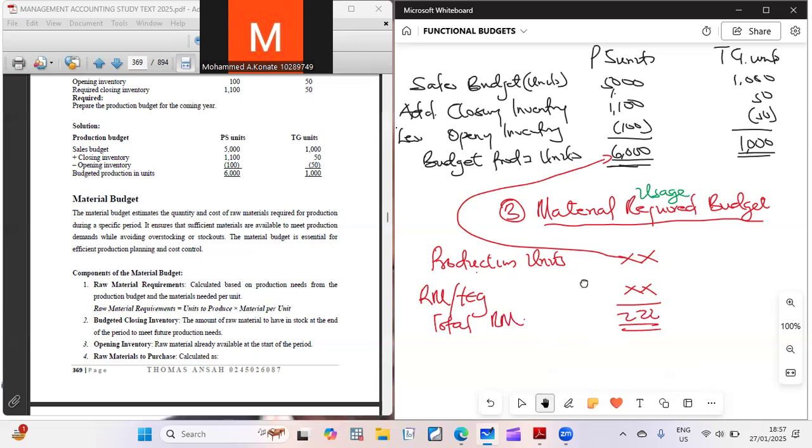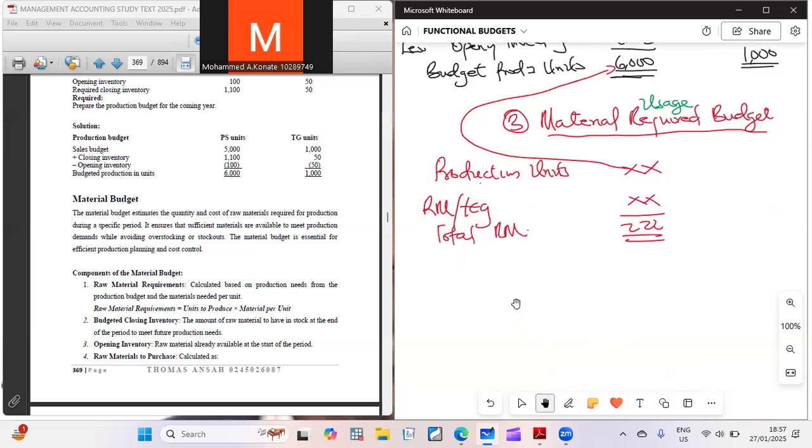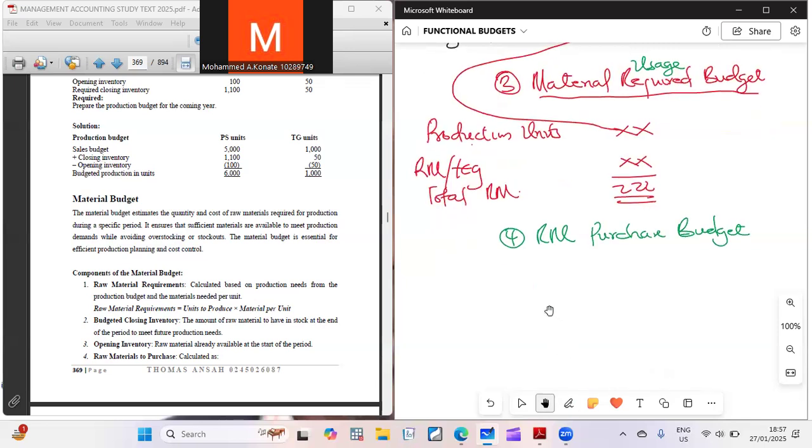Then once you're able to do that, you will need to prepare the raw materials to purchase. So raw material purchase budget. Maybe you have some of the raw materials there already. So the purchase budget goes just like the production budget.